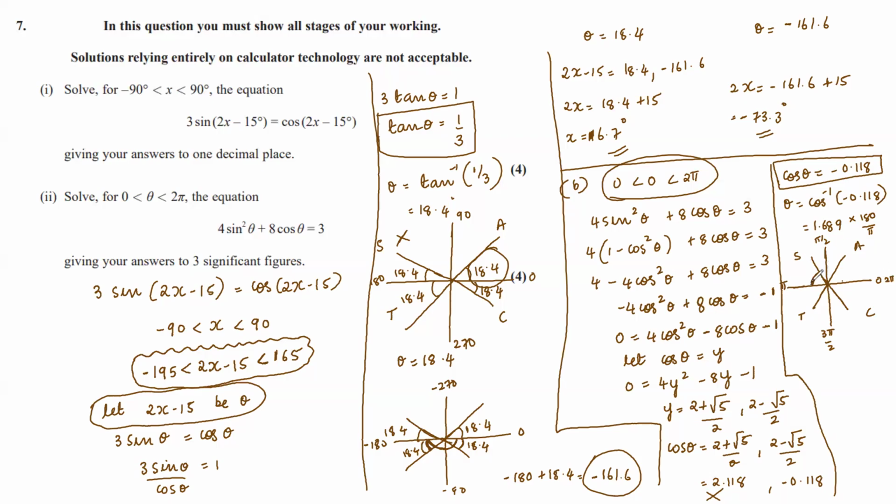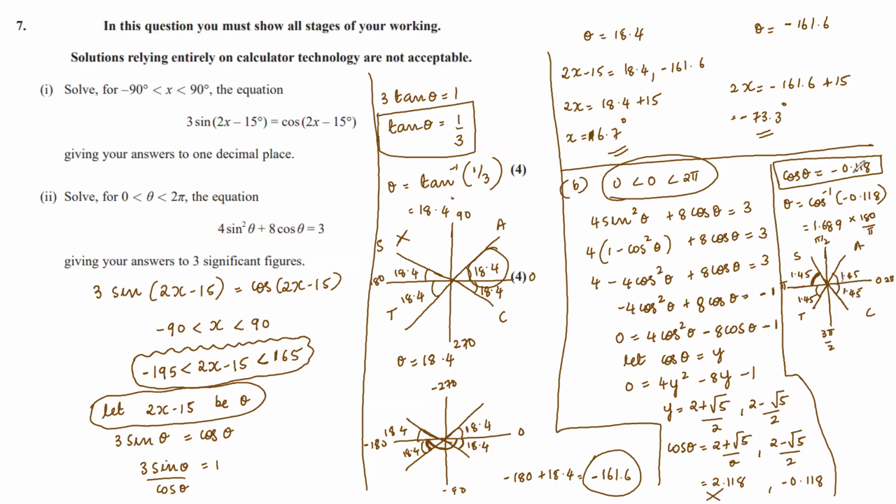We'll find this angle, that is pi minus 1.689. So pi minus 1.689 is 1.45. So this is 1.45, and this will also be 1.45, and so on.